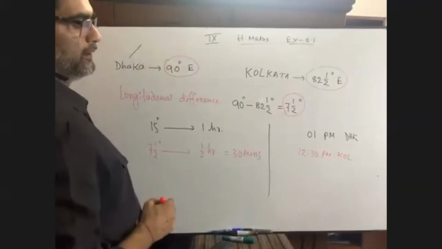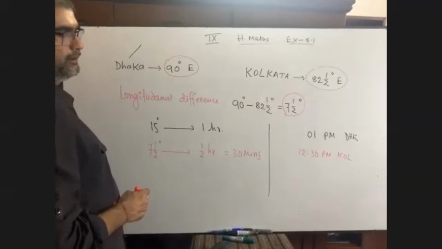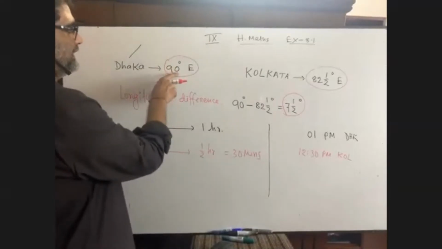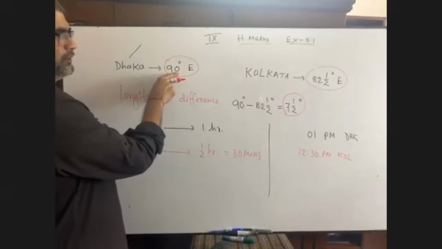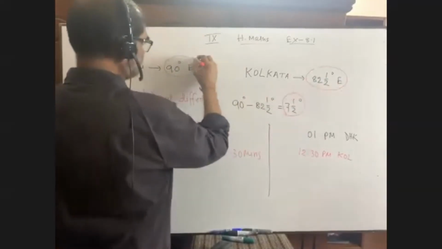Dhaka is half an hour ahead, as its degree is in the eastern zone. Kolkata is also in the eastern portion, but it is behind.